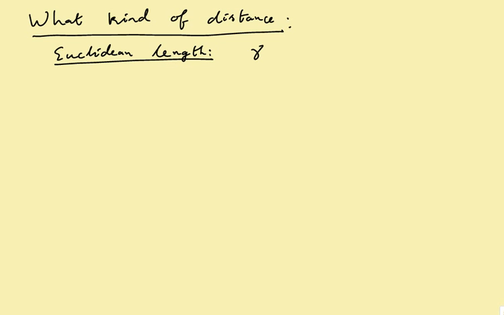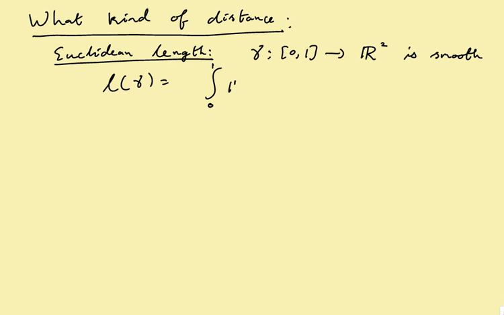Suppose gamma mapping 0, 1 to R squared is smooth. The length of gamma is the integral from 0 to 1 of the norm of gamma dot of s ds.